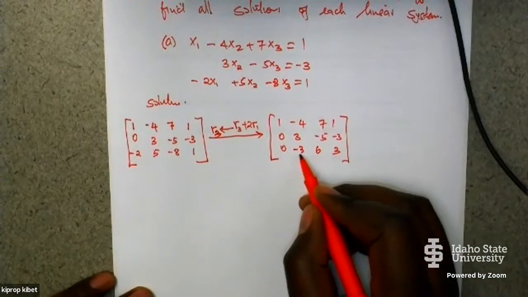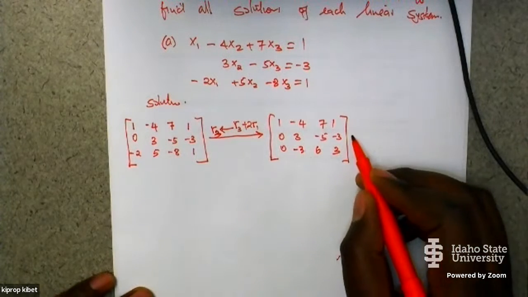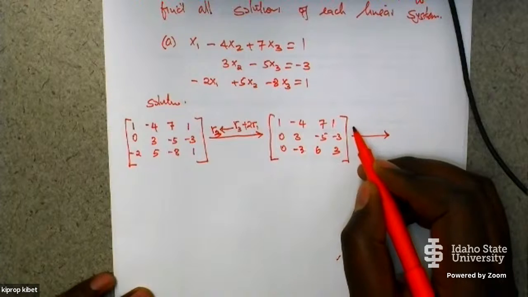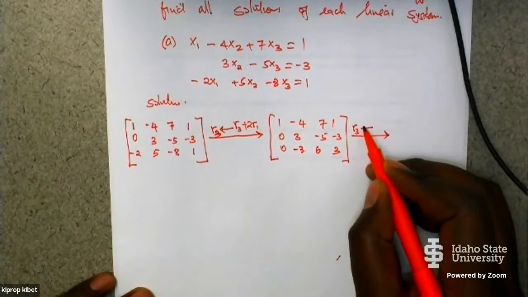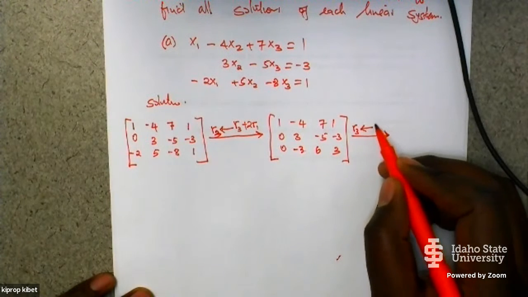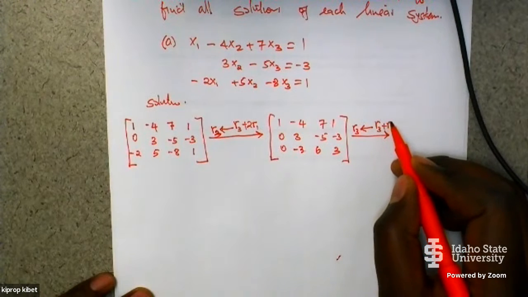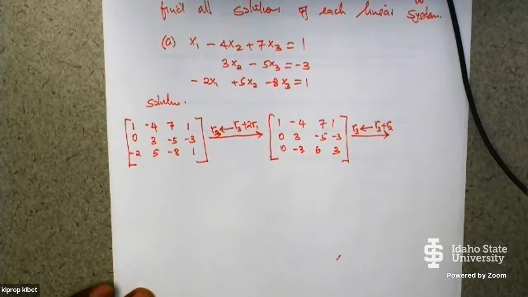We also want to make this one 0, so our new R3 is R3 plus R2.